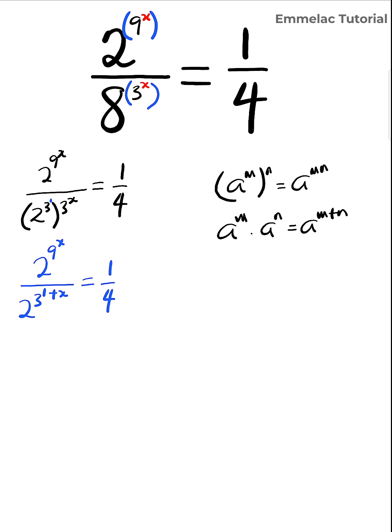The next thing we need to do is, we notice that here we have a base of 2 and here we have a base of 2, and we know according to the law of indices also that if you have a raised to m all over a raised to n, this gives us a raised to m minus n.